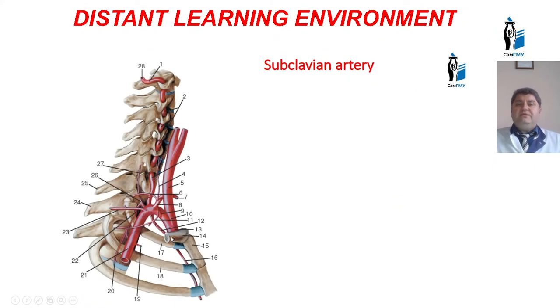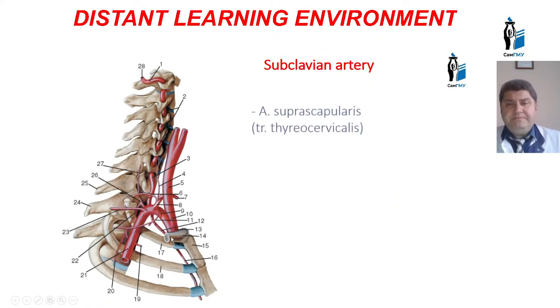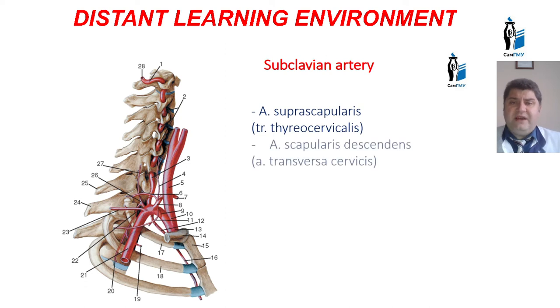So let's talk some words about the branches of the subclavian artery which supply the region over the shoulder joint, over the scapular region. You may see several arteries such as the suprascapular artery.